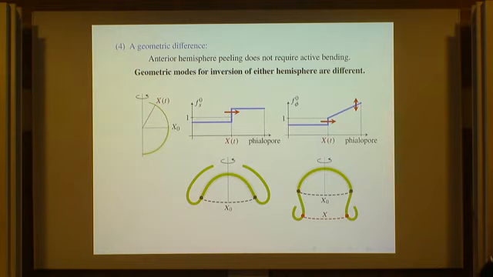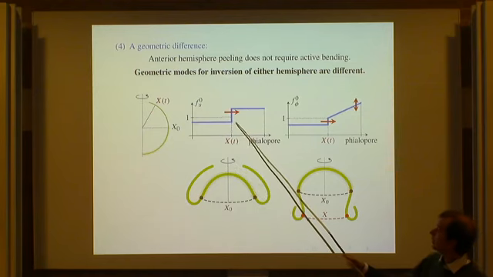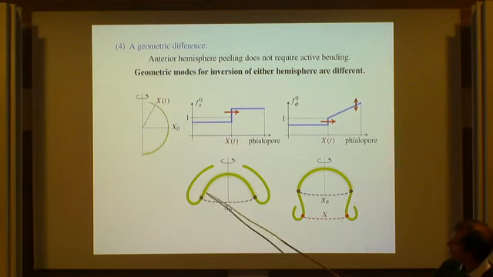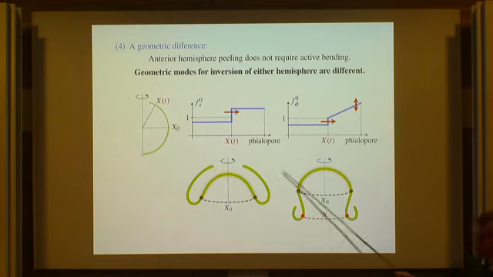But there is no idea of intrinsic curvature to drive the peeling of the anterior hemisphere in the later stages of inversion. Indeed, if you do a very simple test of starting with a shape like this one and propagating some sort of front of intrinsic stretches towards the pole, you can indeed complete this inversion.